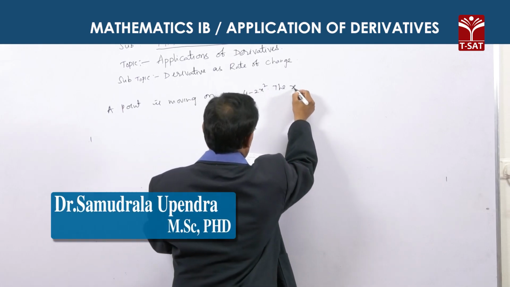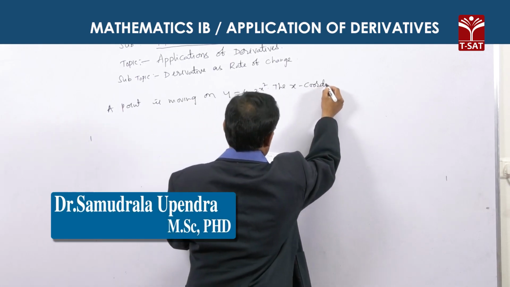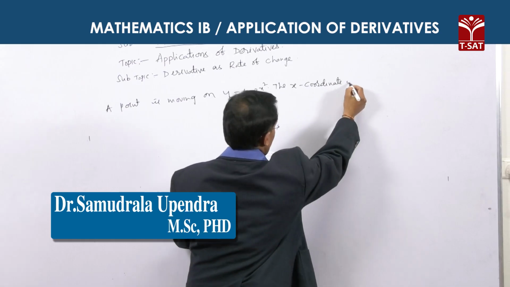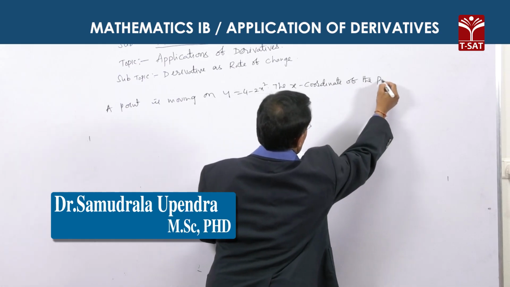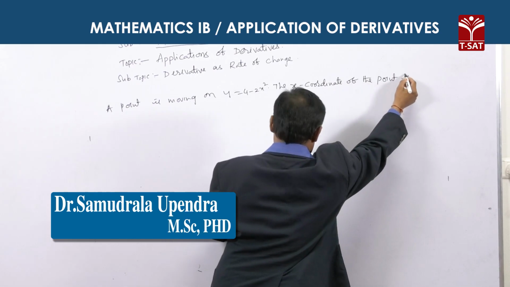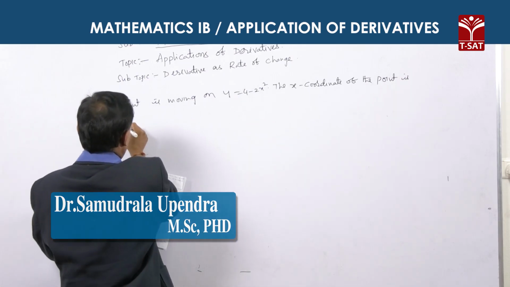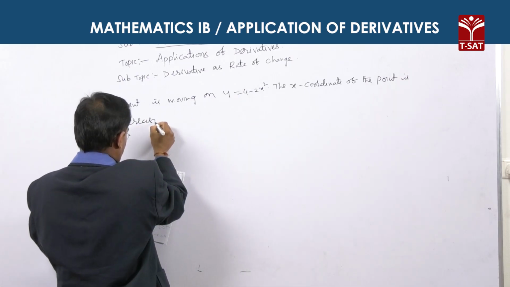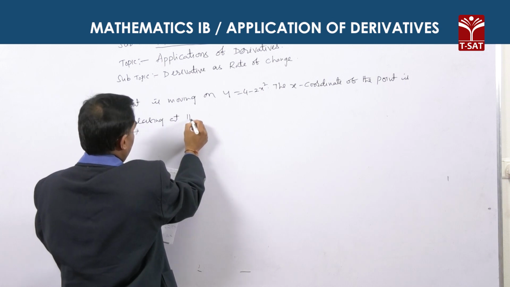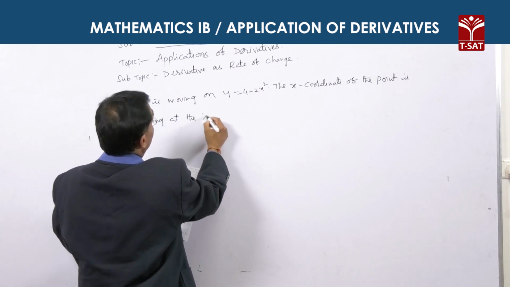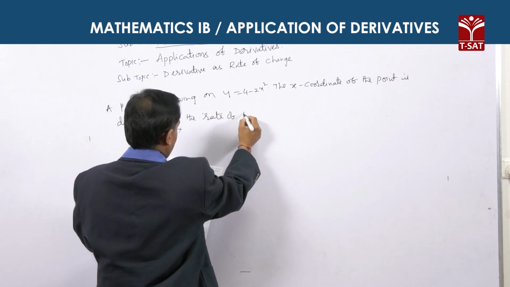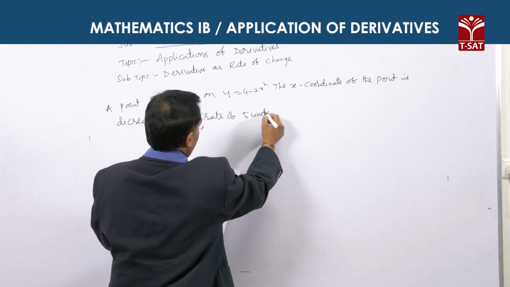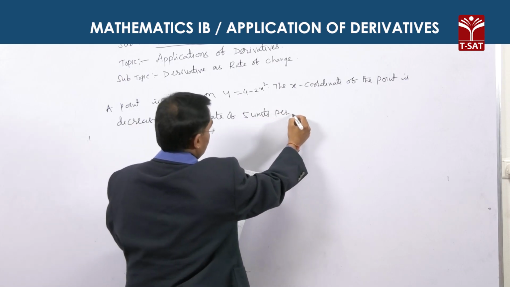The x coordinate of the point is decreasing at the rate of 5 units per second.